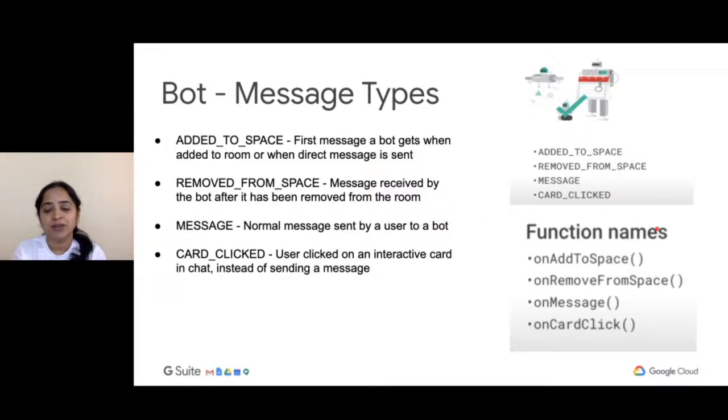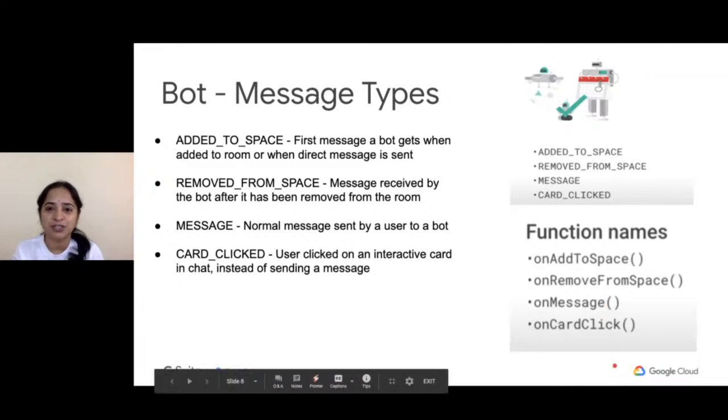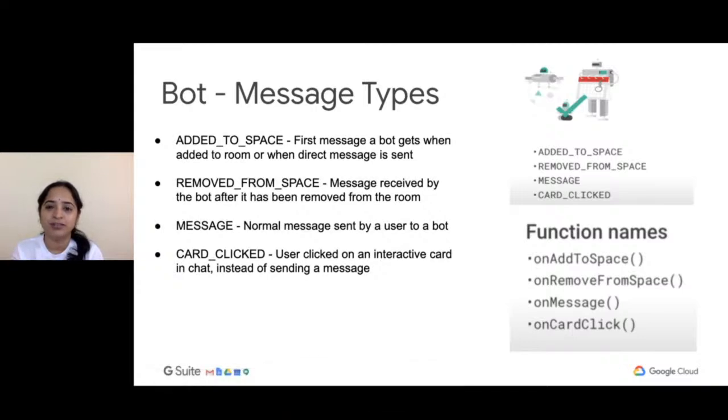So the function names to be used with an app script are onAddedToSpace, that is directly related to the added to space. onRemoveFromSpace, that is directly about when you remove a bot from a chat room. onMessage is the action that needs to be taken every time a message is sent to a bot. And onCardClick is the function that needs to be used for any action that needs to be taken to make the card more interactive.